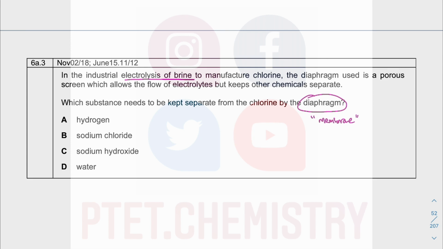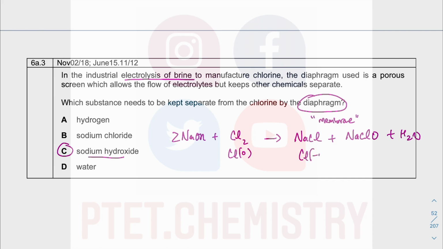It's because you don't want the sodium hydroxide to get into contact with the chlorine, because when they get into contact, you can get this classic disproportionation reaction. This is a chlorine 0.